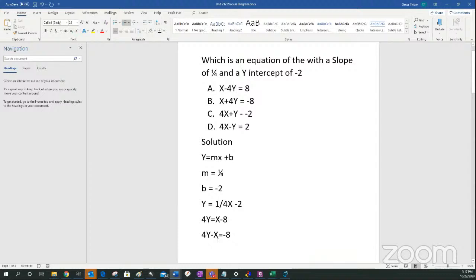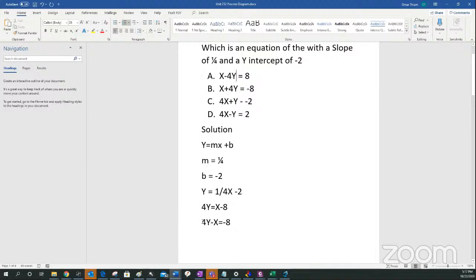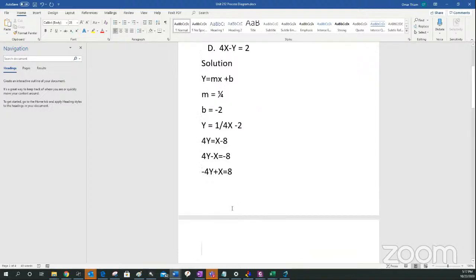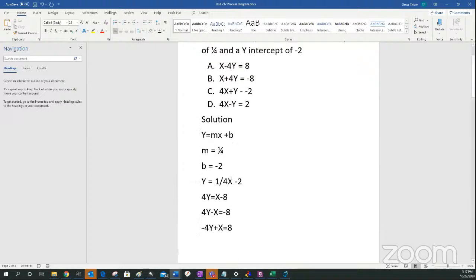It's not wrong though, you can fix it by multiplying everything by -1. So you get -4y plus x equals 8, which you can rewrite as x minus 4y equals 8. So that would give you A.